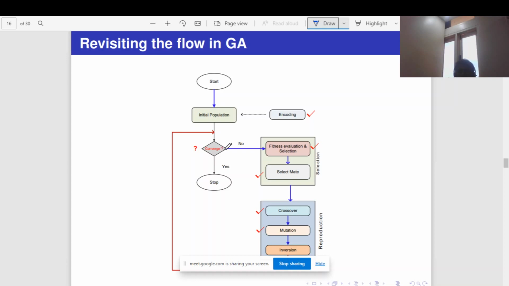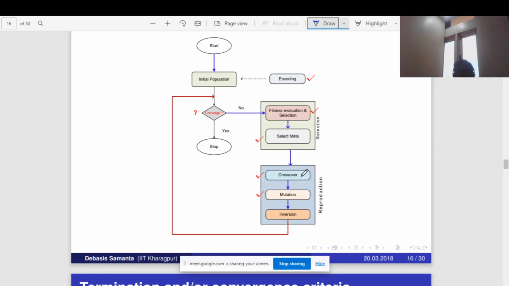If it is not converged, then we perform the fitness evaluation for each individual in the population, that is for each of the possible solutions, and then we identify the mating pool, and then we perform crossover, mutation, inversion, all these things. And again, from the new set of offsprings which we have generated, we identify the best individual and check whether the problem has converged or not. If it is not converged, again repeat all these processes, right?